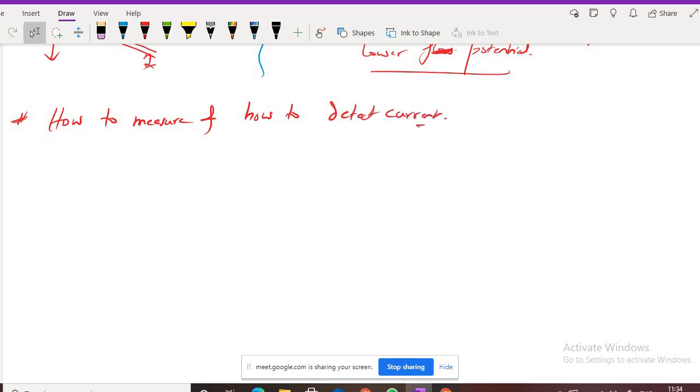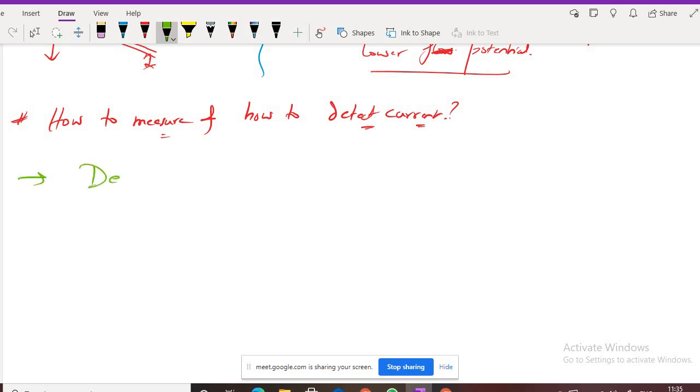First of all, you should know whether current is there or not in a circuit. Suppose I have given you a circuit, you have to understand first whether current is there or not. That is, you have to detect current. Then if current is there, how much current is there? You have to measure it. So how to measure and how to detect current?